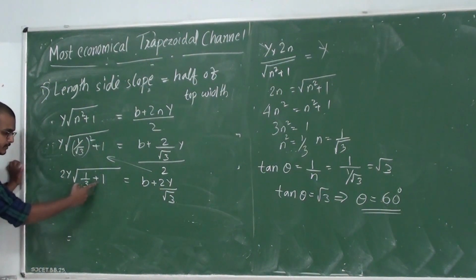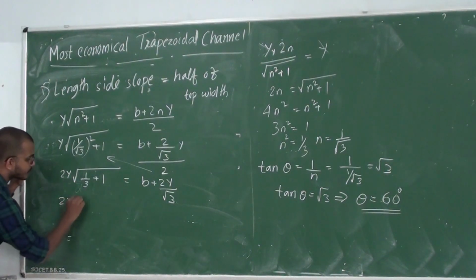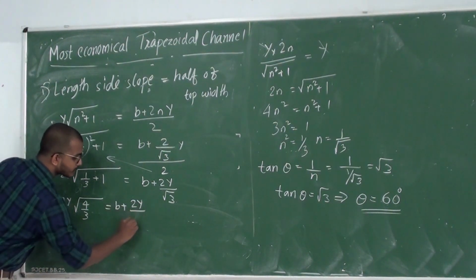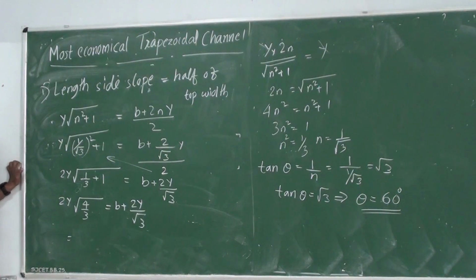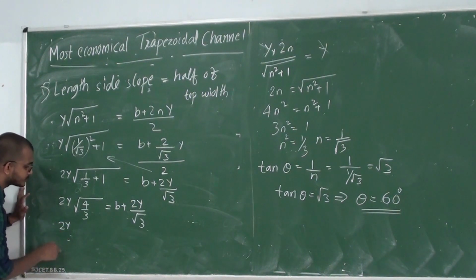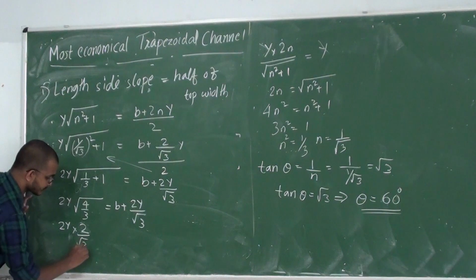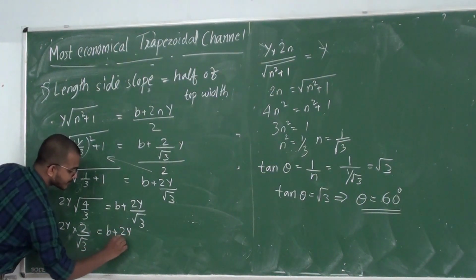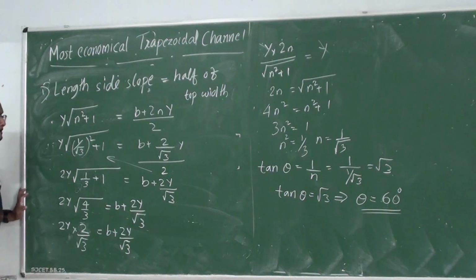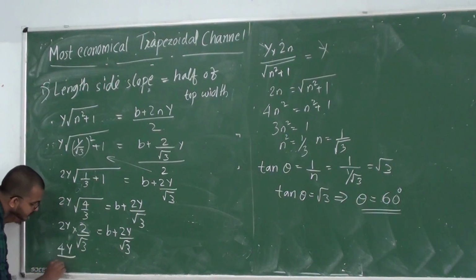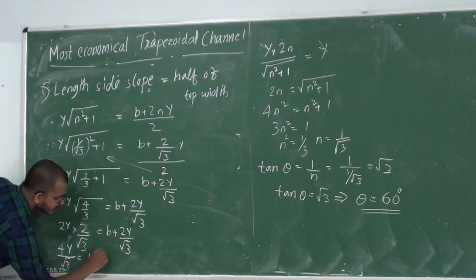So 2y into square root of 4 by 3 equal to b plus 2y by root 3, or 2y into square root of 4 is 2 by root 3 equal to b plus 2y by root 3, or 4y by root 3 is equal to b plus 2y by root 3.